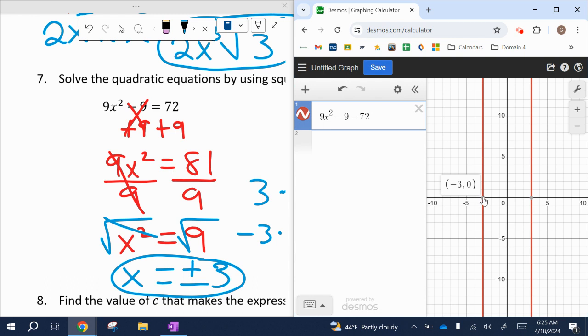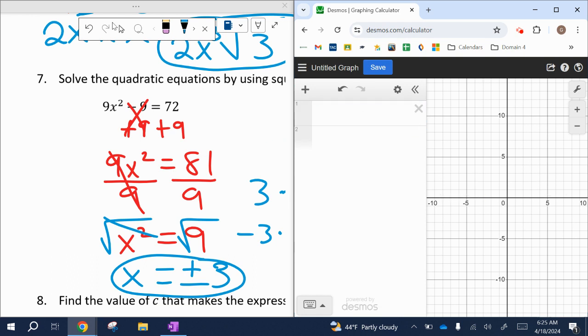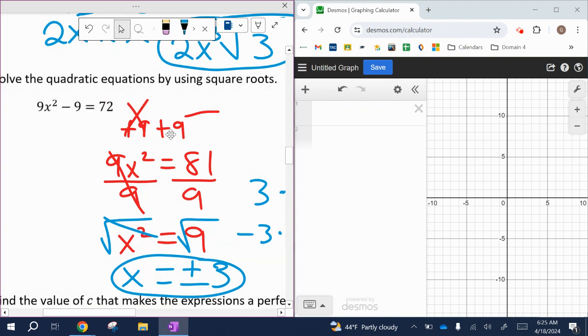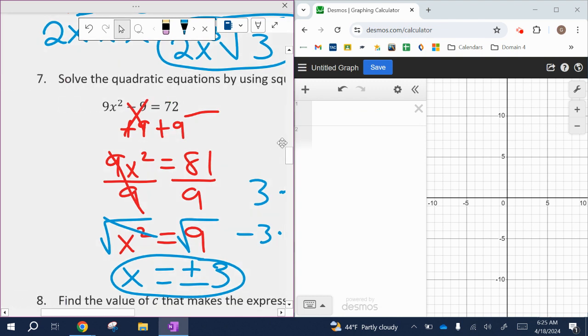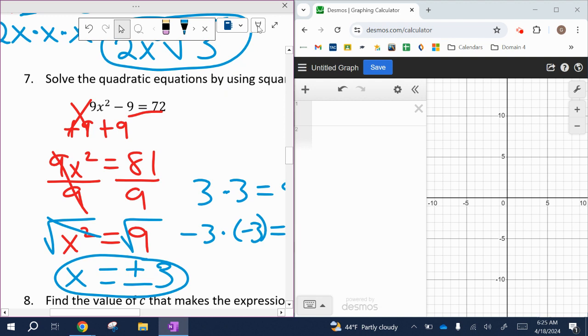Okay, -3, +3, which is what we got, plus or minus 3. That's for the one on the left. I'm not going to check the second one just because it's not in this row at the same time.